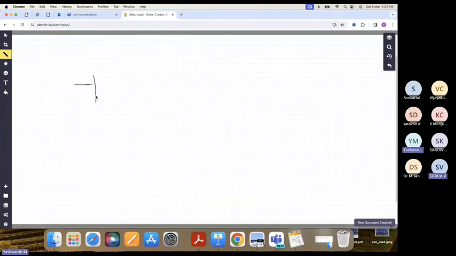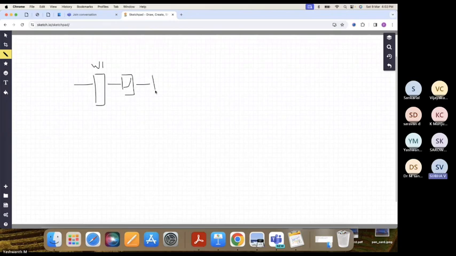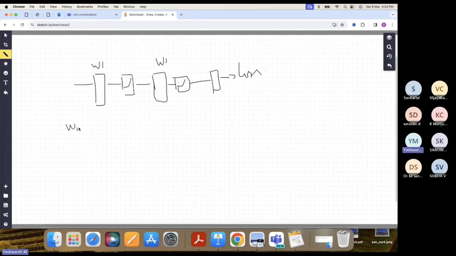A simple network: W1, some activation, say ReLU, another layer W2, say some activation, and you have some loss. The point is W1 is initialized to say all ones vector.